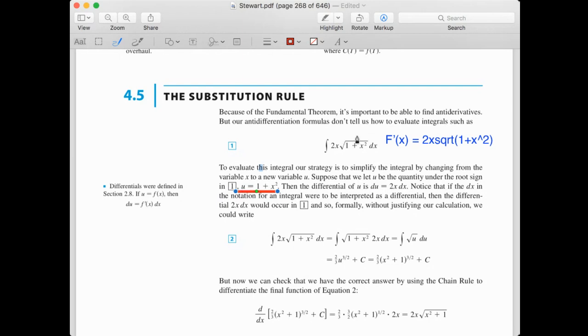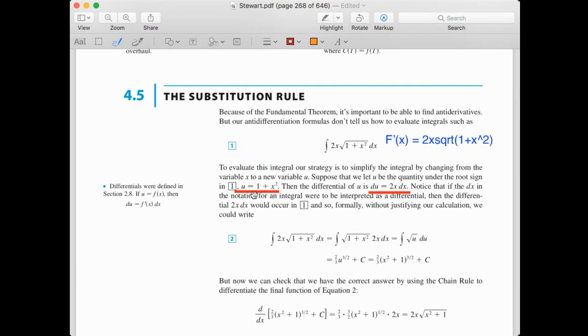Then right away we figure out du. Again, we're looking at u as a function of x. Then u prime, or du dx, is just 2x. We multiply by dx on both sides, and we can write the differential of u as du equals 2x dx.